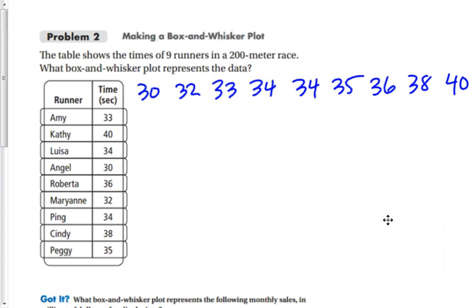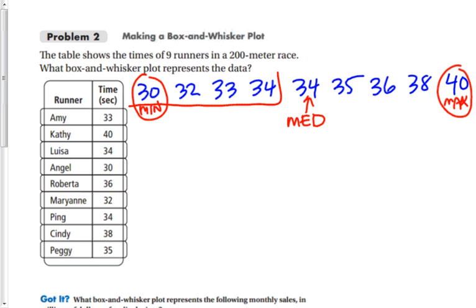All right, now that I have my 5-number summary, I have the values I need from these. I have my minimum, my maximum, the number in the middle is the median. The middle of the first half of the data is right here, which would be 32.5.